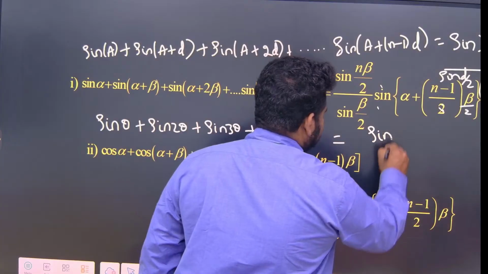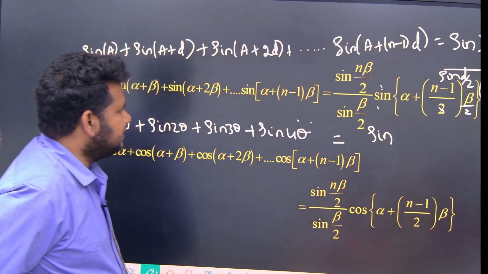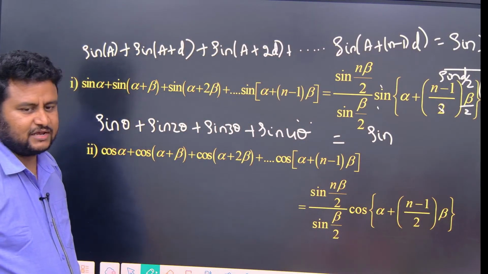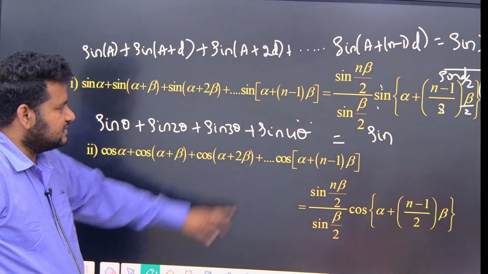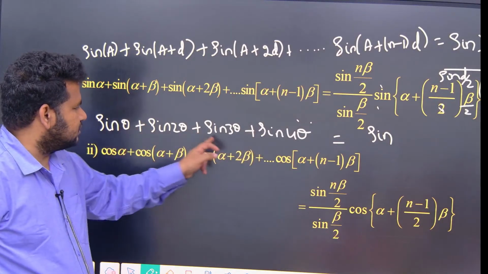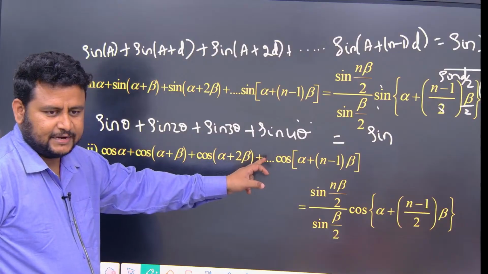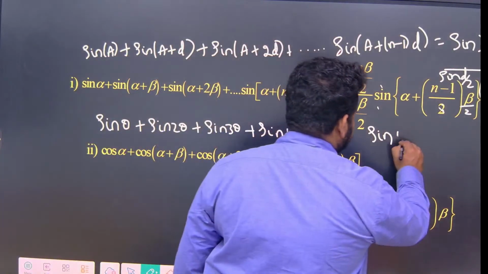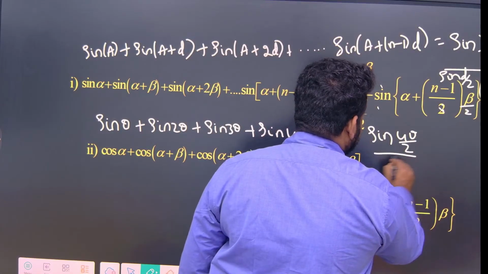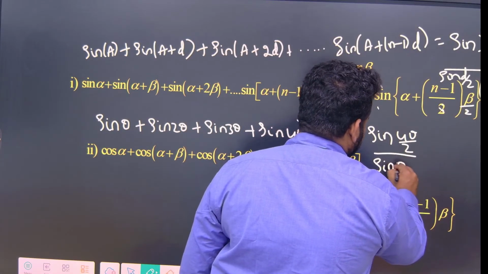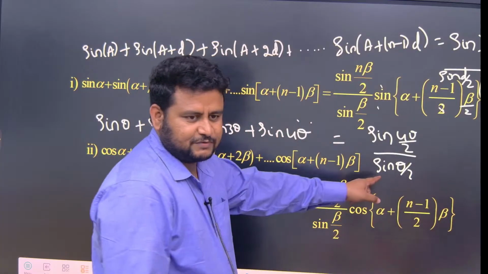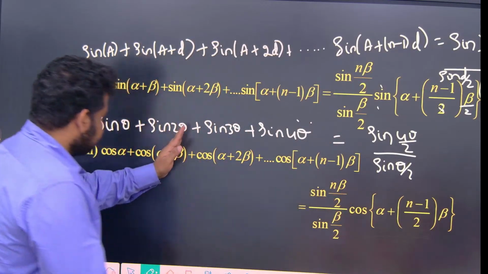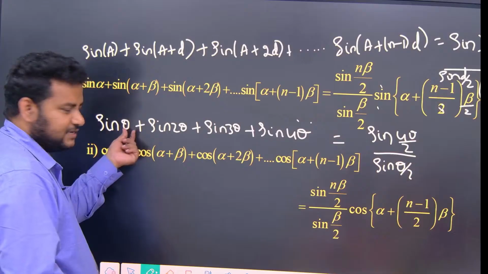Sin of n D by 2. What is the value of n here? N is 4: 1, 2, 3, 4. So 4 theta by 2 by sin theta by 2. Correct? And D is theta. Why D is theta? See, if you take the common difference, 2 theta minus theta is what?